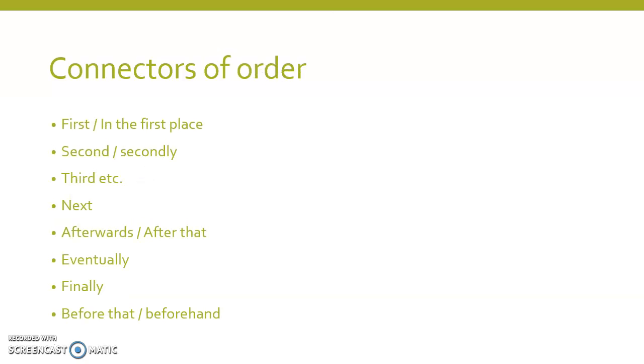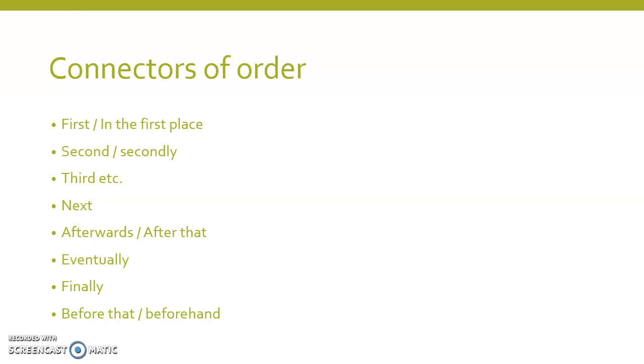Also, guys, you are going to have the connectors of order. They are going to help you to have a clear sequence. For example, you can start with first, in the first place, with second or secondly, with third, which are the most common, the ordinal numbers.